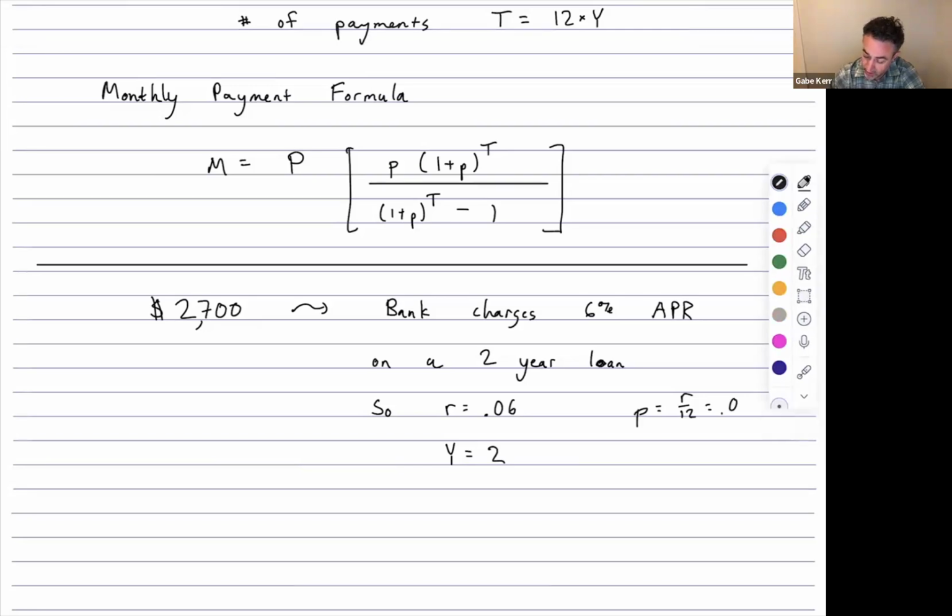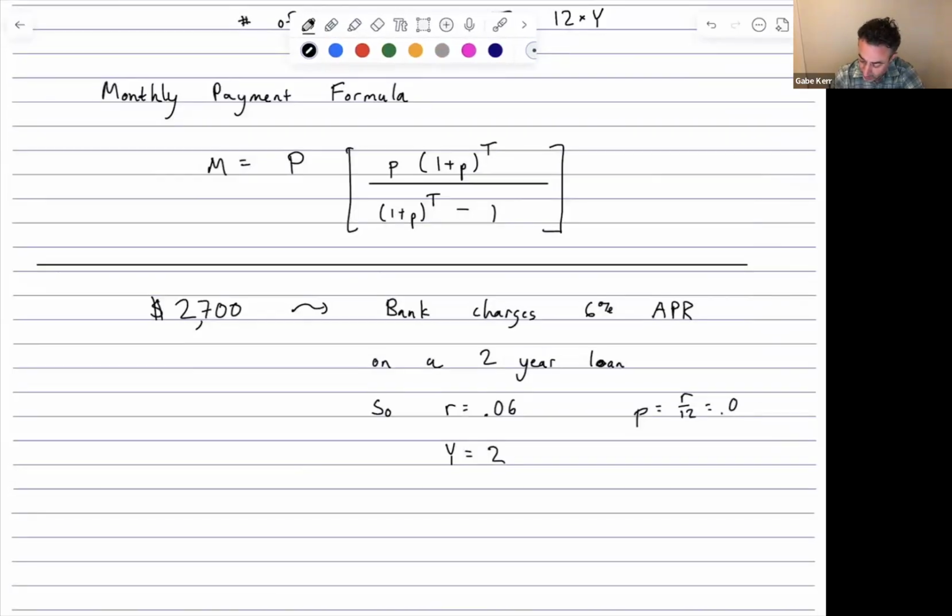And then we need the number of payments, which is 12 times 2, which is 24. And of course, I didn't say, but the principal, the amount that I'm going to take out, is my loan of 2,700.